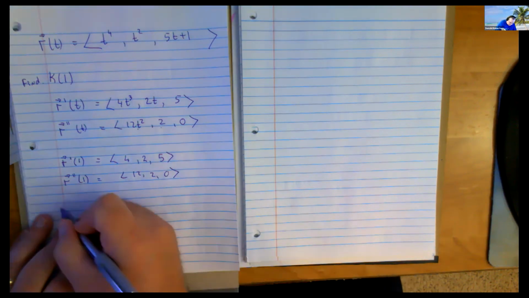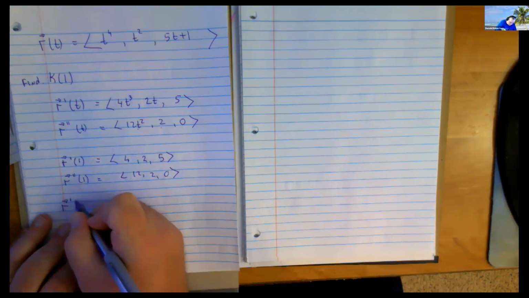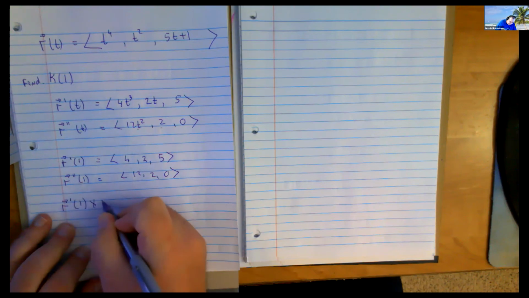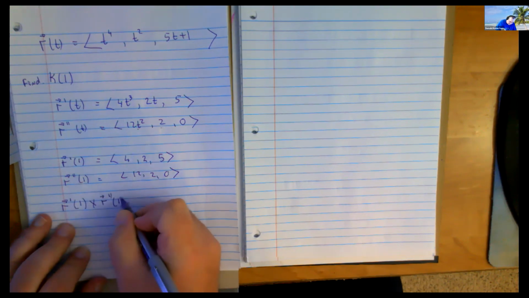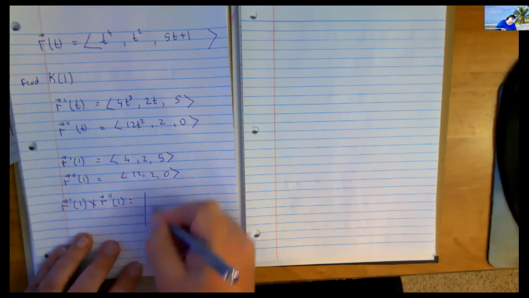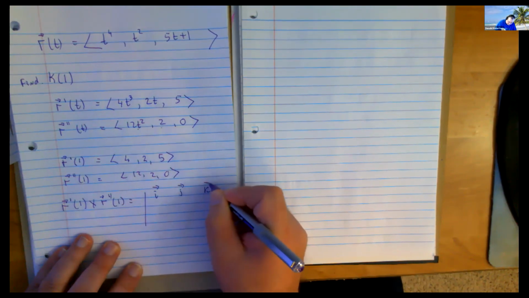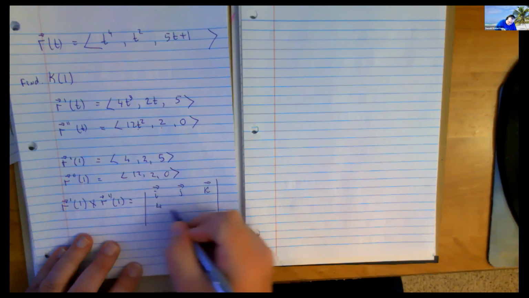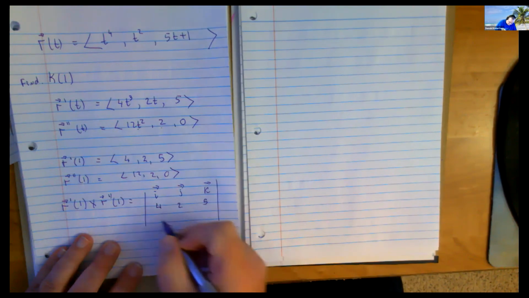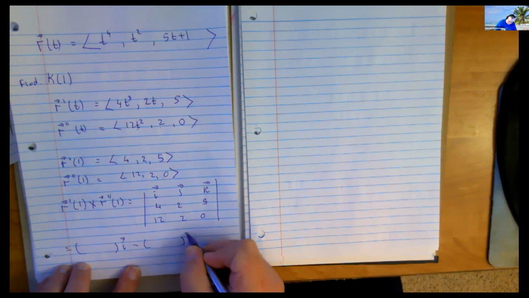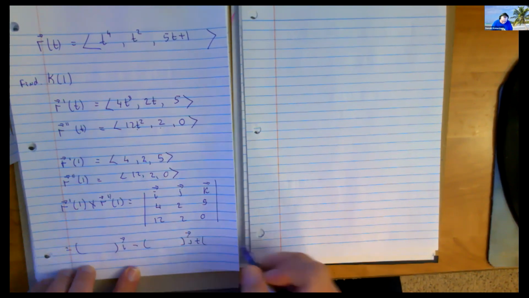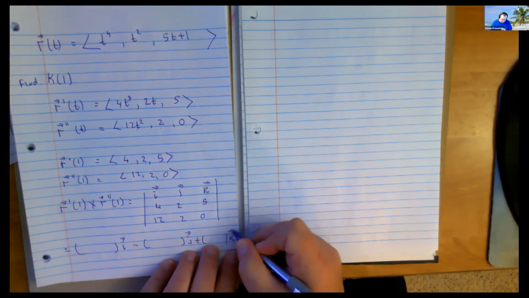Which means that the cross product is really just going to be much easier to handle. 4, 2, 5, 12, 2, 0. And let's see what we get. So many i's. Take away so many j's. Plus so many k's.